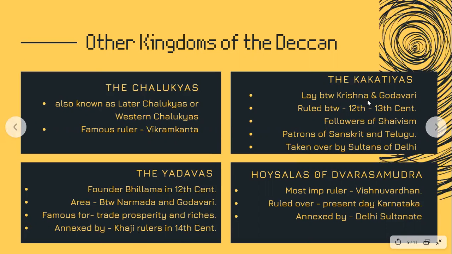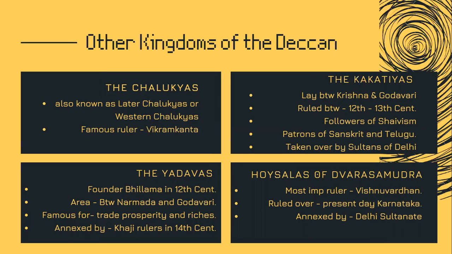Then we have the Kakatiyas. Now their region lies between Krishna and Godavari. They ruled between the 12th and the 13th centuries and followed Shaivism. Shaivism, students, for those of you who do not know, is a sect that follows Lord Shiva, right? So they pray to Lord Shiva.